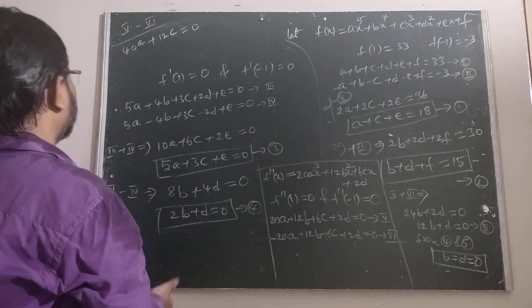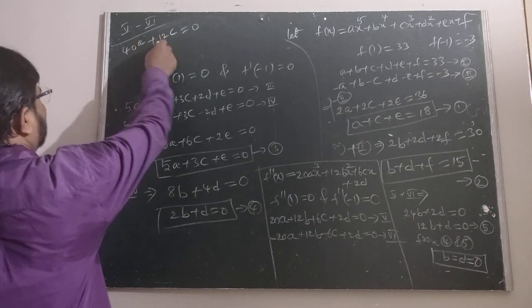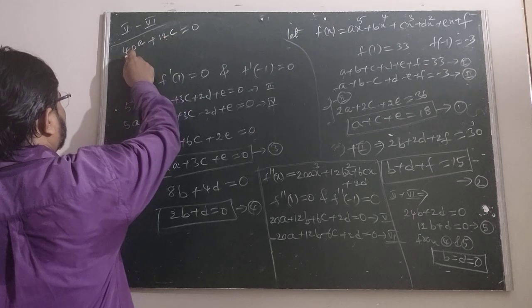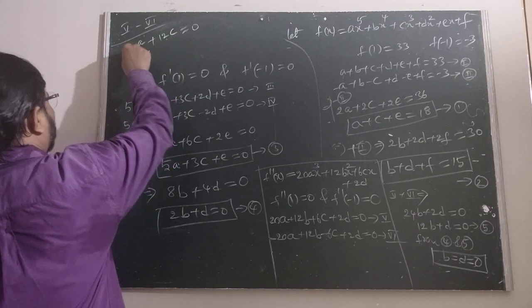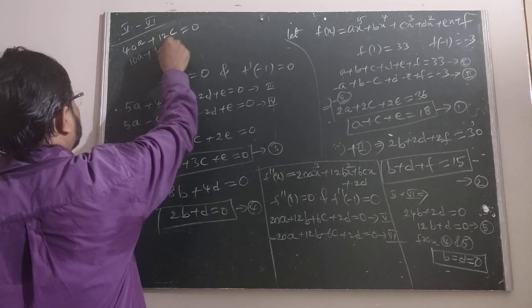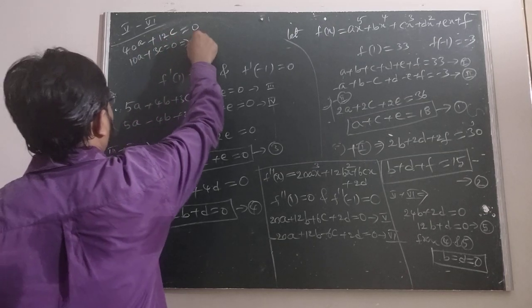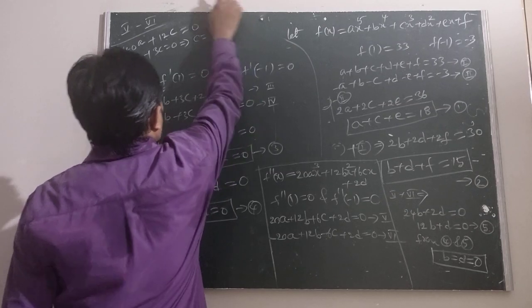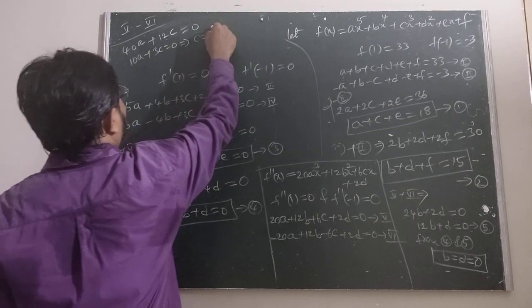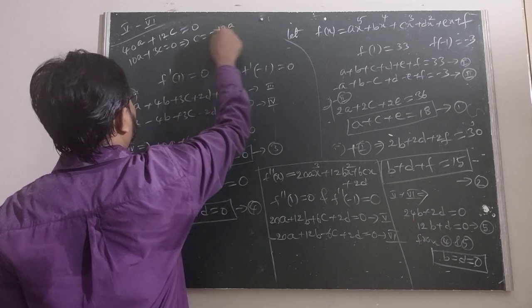Therefore we get this divisible by 4. This is 10a, 4 tens, and 4 threes. Now c can be written as minus 10a by 3.